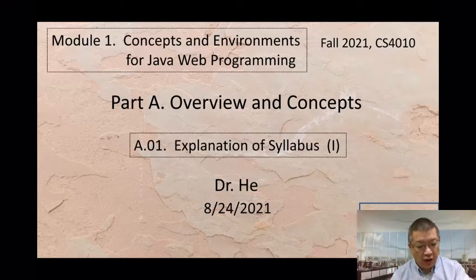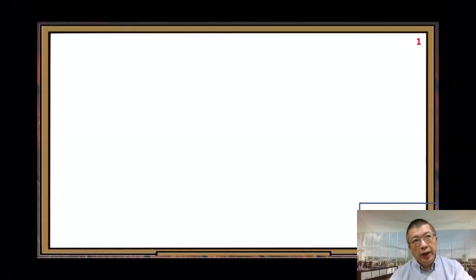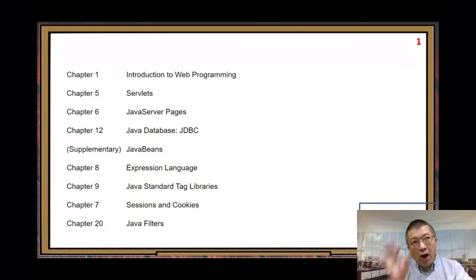All right, let's start part A, explanation of the syllabus, part 1. First, let me give you an overview description of the technologies we are going to learn in this class. I took two parts from the syllabus I posted. The first part is the materials I selected from the chapters in our textbook.